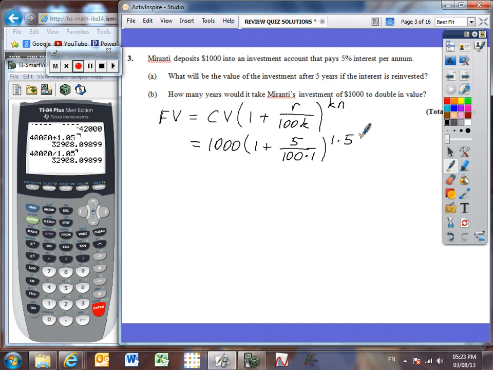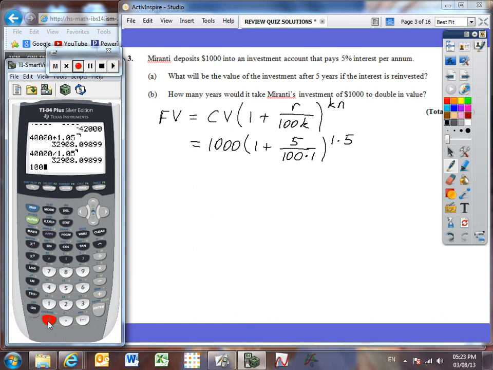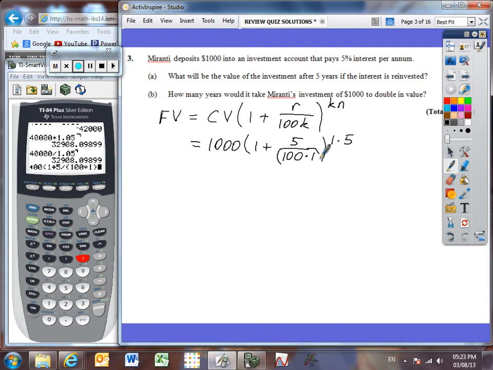So let's type this into the calculator then. 1,000 times 1 plus 5 divided by... Now here we have to be very careful, because I need to put this denominator, 100 times 1, into parentheses, in order to ensure that it is dividing by this entire denominator.